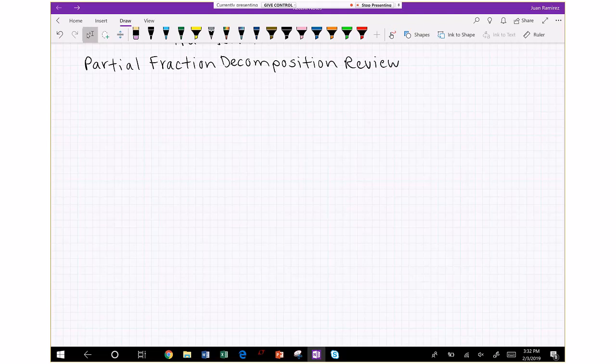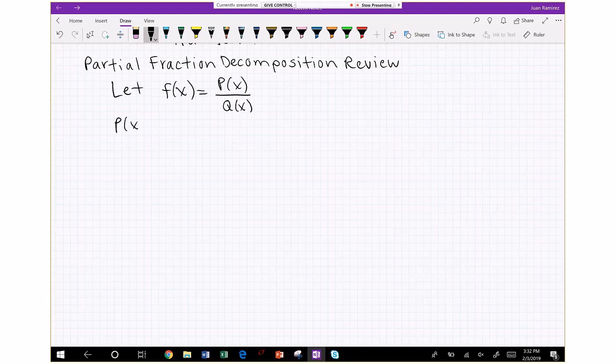Okay, so consider a function that is represented as a quotient or a fraction with a numerator and denominator. So let's say let some function f of x be equal to p of x over q of x, where p of x is the numerator, q of x is the denominator.